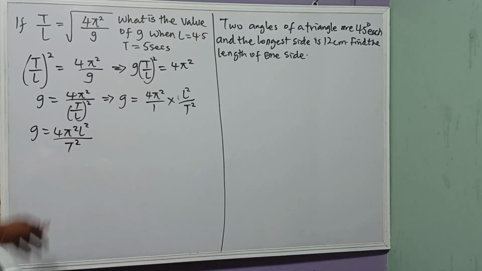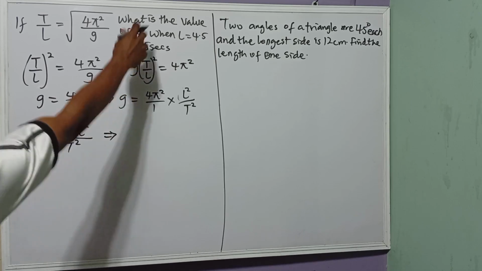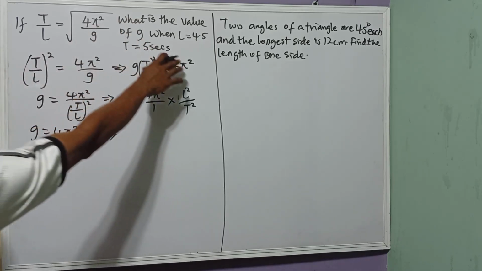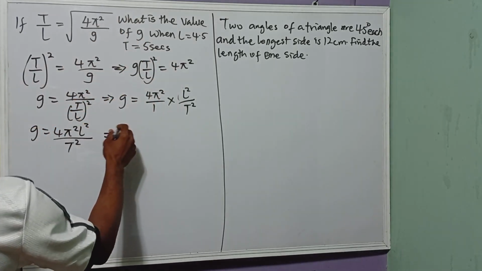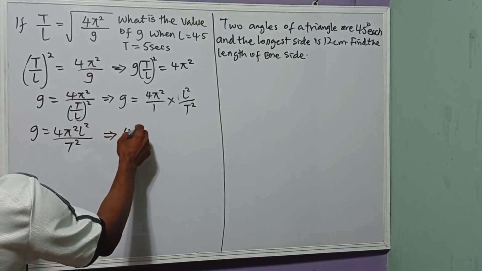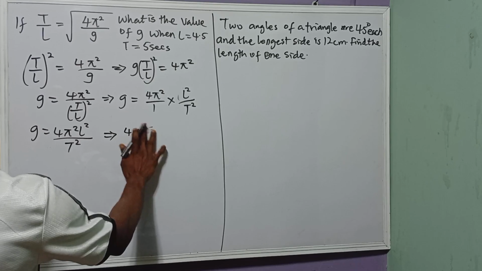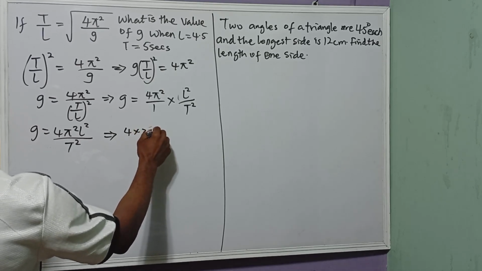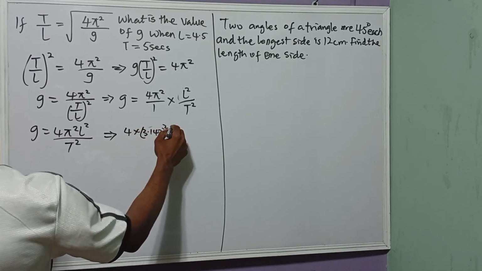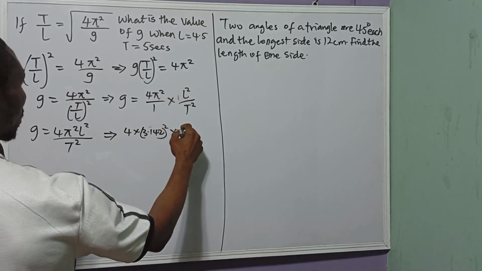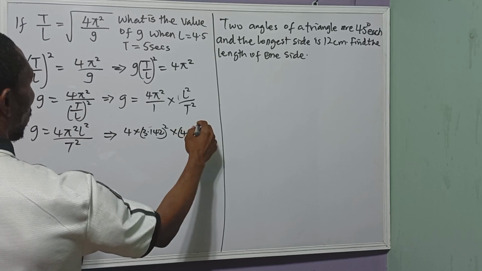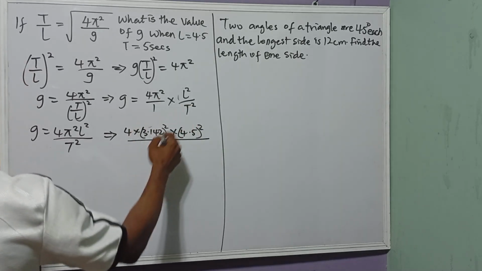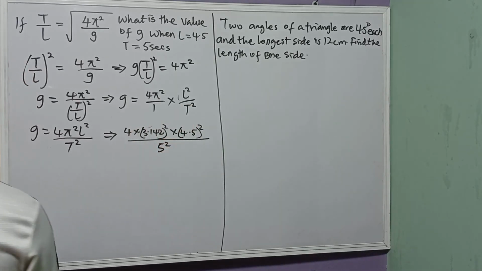Now, this is what our g is. Applying our values here, g will give us 4 times 3.142 all squared, times L, which is 4.5 all squared, all over t, which is 5 squared.